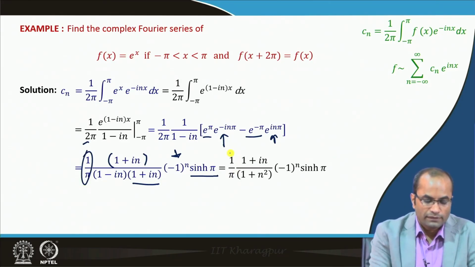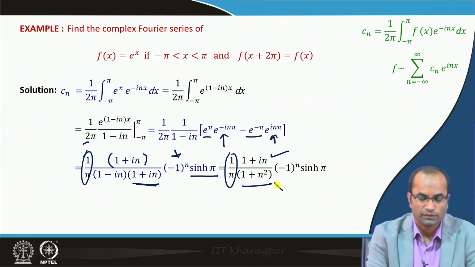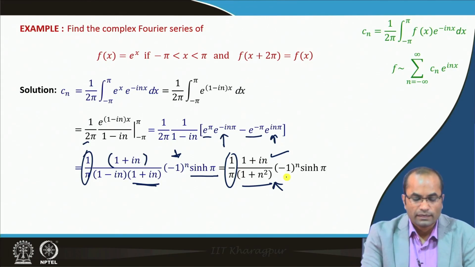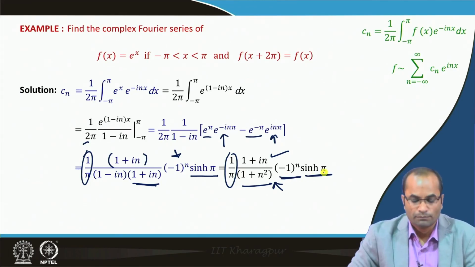So, 1 over pi times (1 + in), and then here (1 - in)(1 + in). So, 1 minus i squared n squared, that is 1 + n squared, and (-1)^n, and then we have sinh pi.